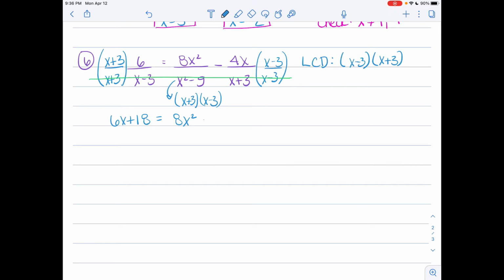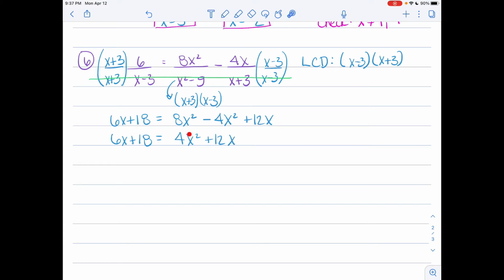And then a minus 4x squared, because notice this is a subtraction, so it's a negative 4x times x, and then a negative 4x times negative 3 will give me a positive 12x. All right, 6x plus 18, but I notice that I can combine 8x squared minus 4x squared and get 4x squared plus 12x.